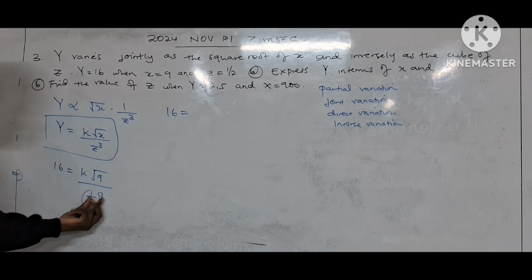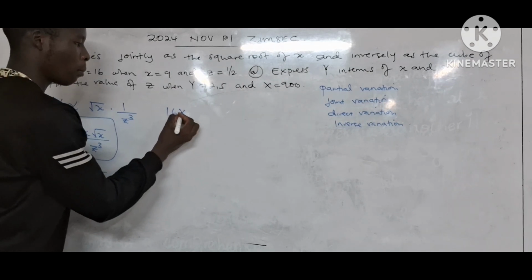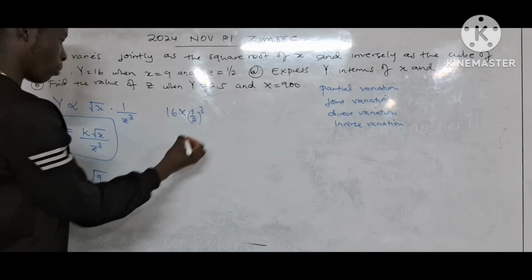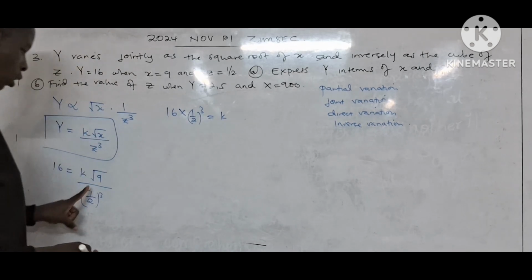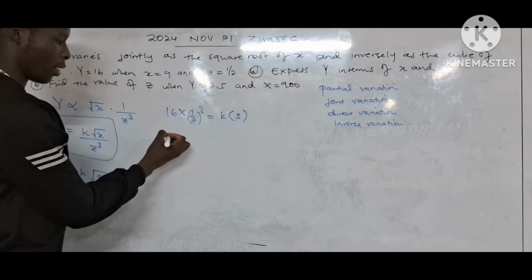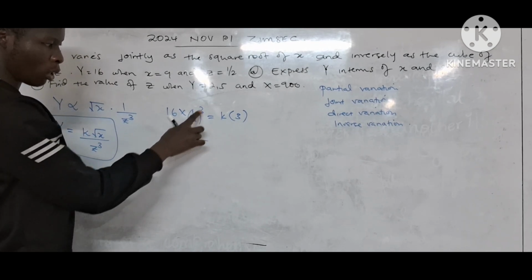If you bring this half to the power 3 to this side, it will multiply. So half to the power 3 is 1 divided by 2 to the power 3. What is the square root of 9? The square root of 9 is nothing but 3, right? This is 16 times 1 divided by 2 to the power 3.